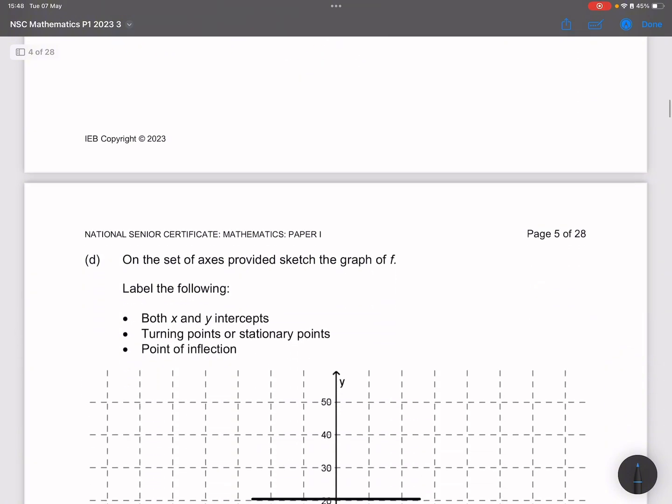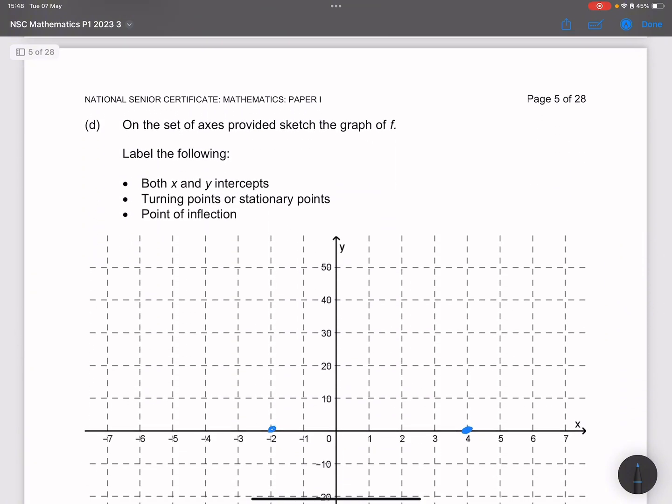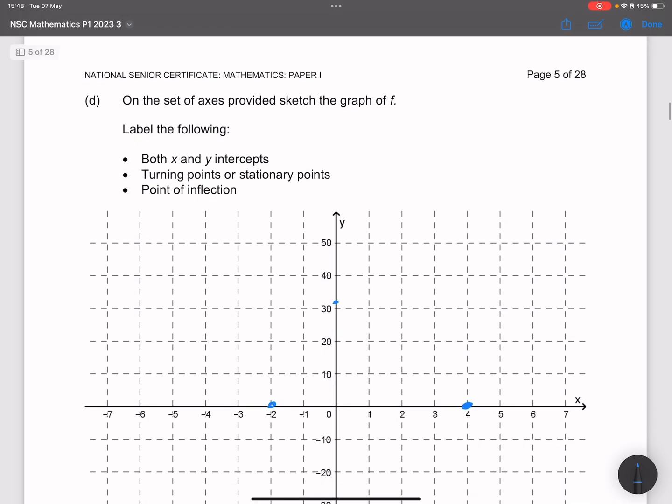And we're going to have our y-intercept at 32, so let's say 32 somewhere there. So 0 and 32. Now another thing is that we know that our a value is positive, so our graph should look like that. This is for a greater than 0. So it crosses through minus 2 and we've got a turning point there. Now we can find the other y value of the turning point.